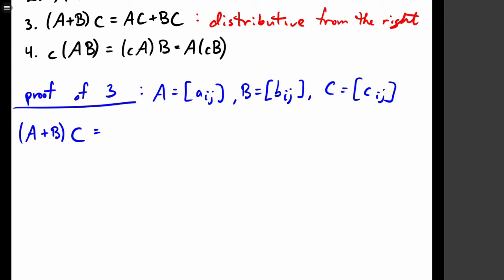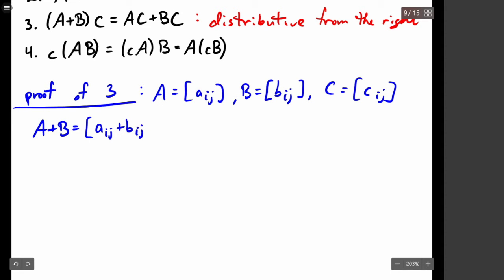Let's write down some steps in between so I don't have to just jump right into it. A plus B is going to be Aij plus Bij. Let's say that A and B are m by n, and C is n by p.